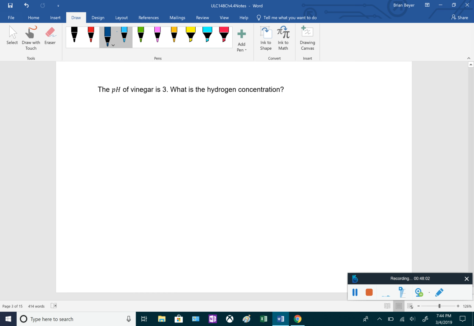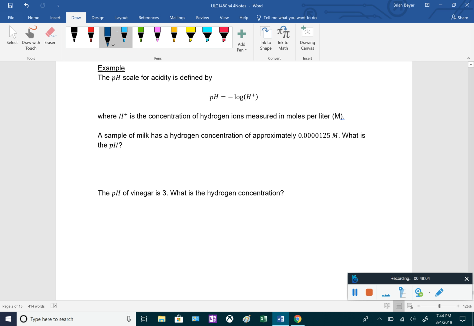So let's do, I believe this is the last thing, one more example, just for one extra little application that's pretty simple. The pH scale and the concentration of hydrogen ions are related using logs. The pH scale for acidity is defined by pH equals negative log of the concentration of hydrogen ions.